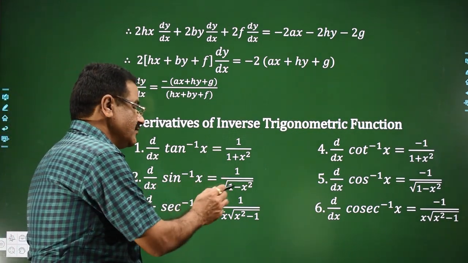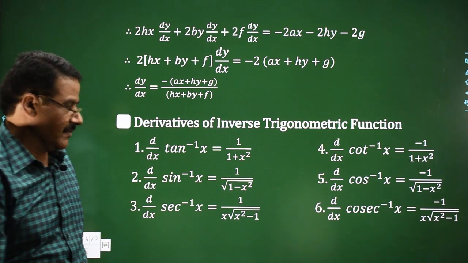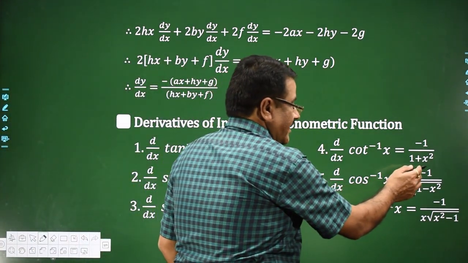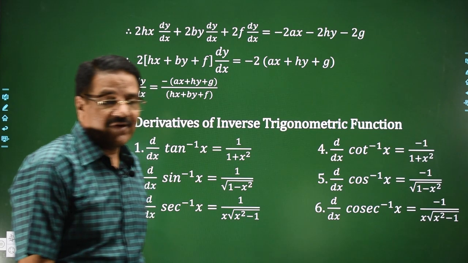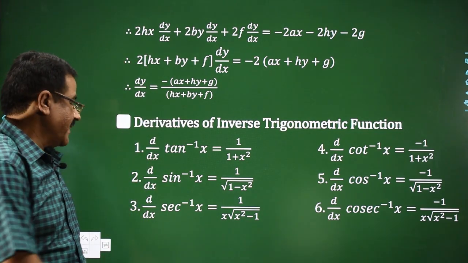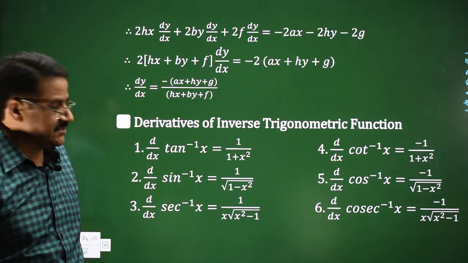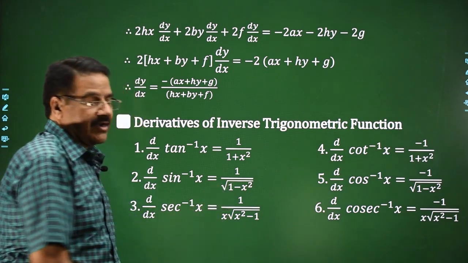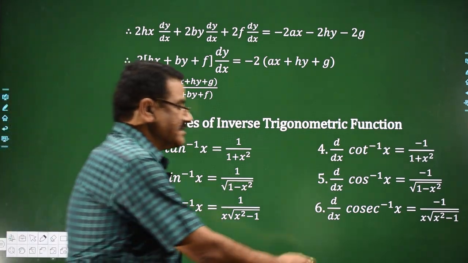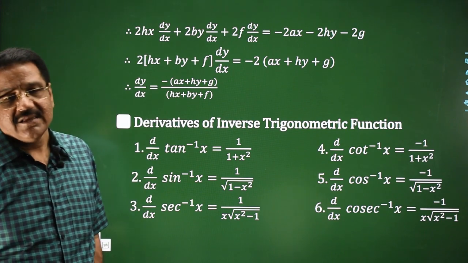Derivative of sin inverse is 1 upon under root of 1 minus x square, and derivative of cos inverse is minus 1 upon under root of 1 minus x square. As far as derivative of sec inverse x is concerned, it is 1 upon x into under root of x square minus 1. It is again the same, but with the negative sign for cosec inverse.